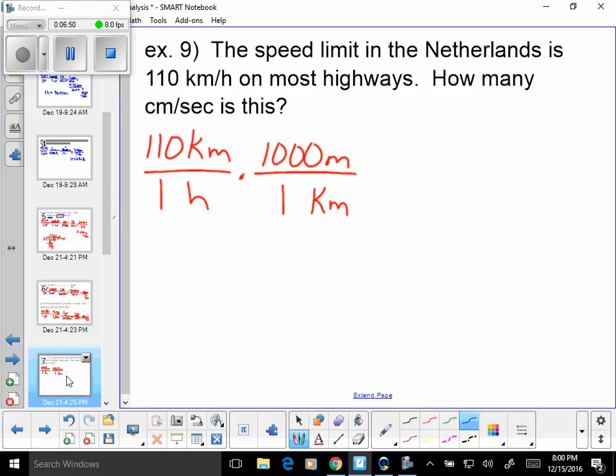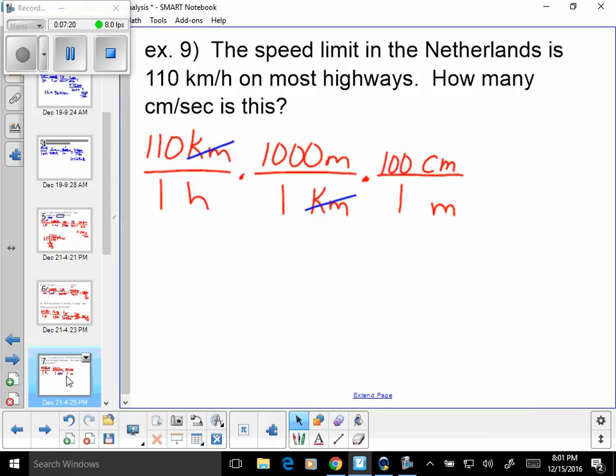Now what that's going to mean is my kilometers will cancel out my kilometers. Now, I'm still not where I belong, because I need centimeters. And remember, it's got to be in the numerator position, but I'll need meters in a denominator position in order to cancel out that label of meters. So my centimeters has to be here. We know that 1 meter is 100 centimeters. At least I hope we know that.